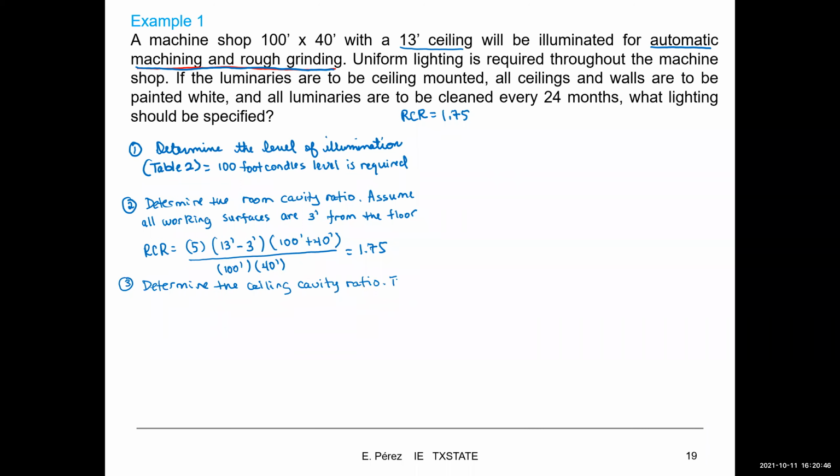So in this case, the CCR need not be considered, as luminaries are ceiling mounted.